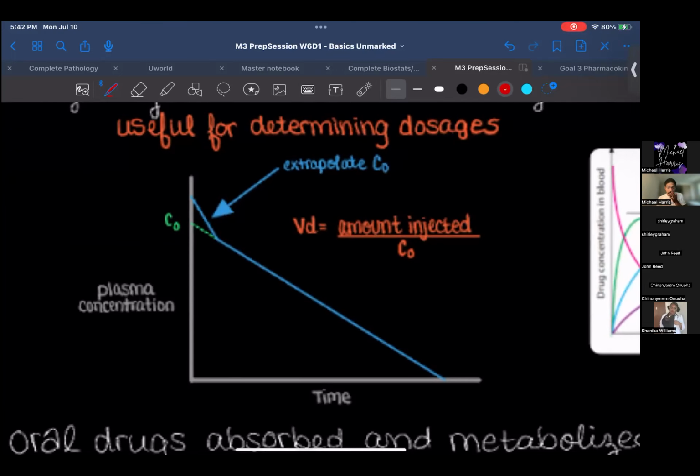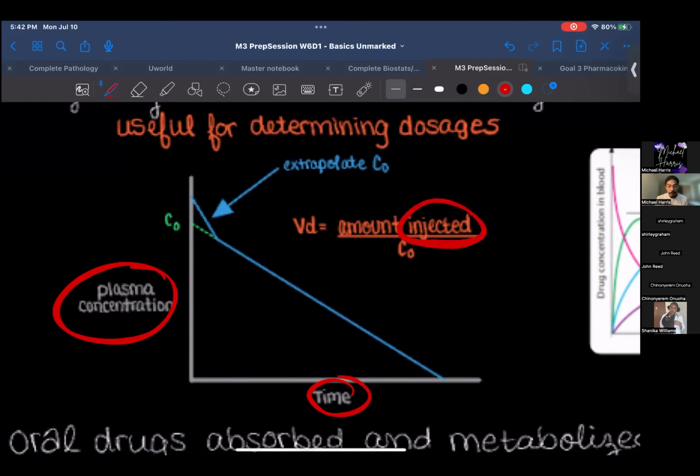Now, this is the other graph you could see. In this graph, this is showing you plasma concentration over time. How this graph is shown is this. At the very beginning of the dose, when you inject the drug, this is injection.